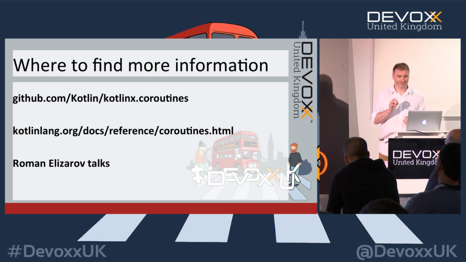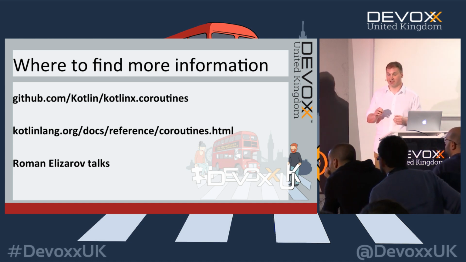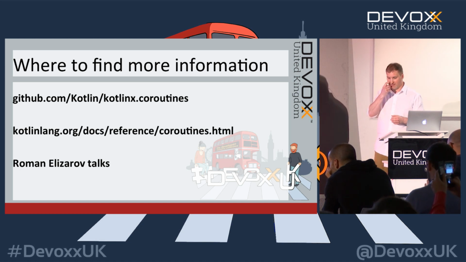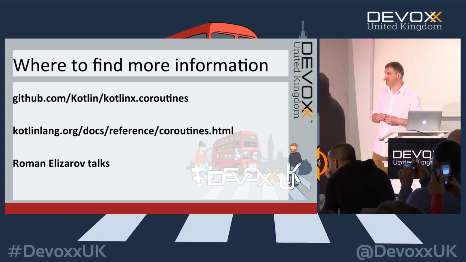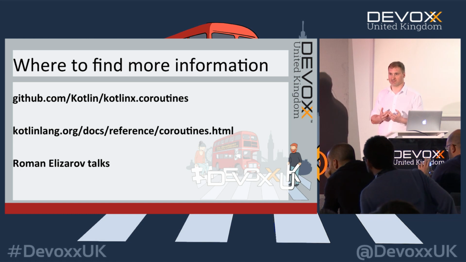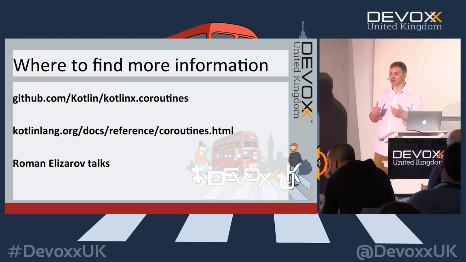If you want to know more, there are a couple of ways to learn more about coroutines. The first one is the kotlinx.coroutines GitHub repository. It contains a set of very nicely written documents about coroutines, like tutorials, guides, and special guides about how to work with reactive programming or with UIs. Really very nicely written. I suggest you take a look at this.